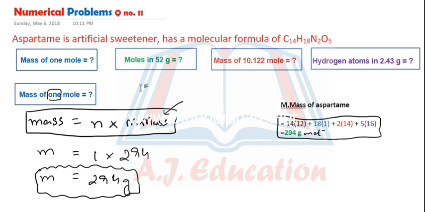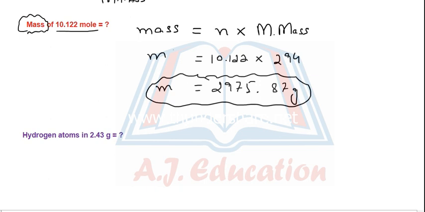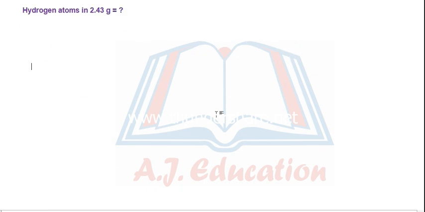Alright, what we are given here, the mass of aspartame, that is 2.43 grams, and we need to determine the number of hydrogen atoms in these grams of aspartame. This is a little tricky one.